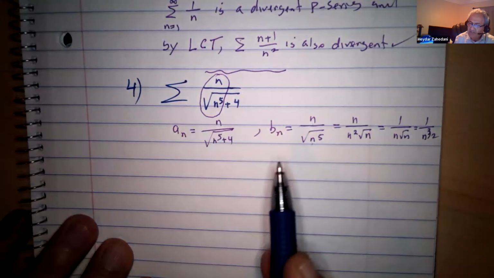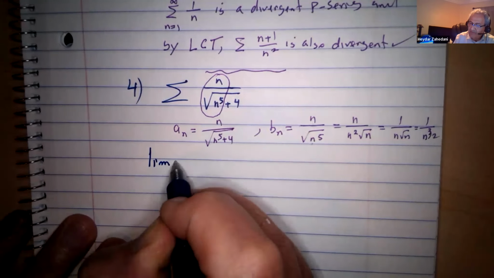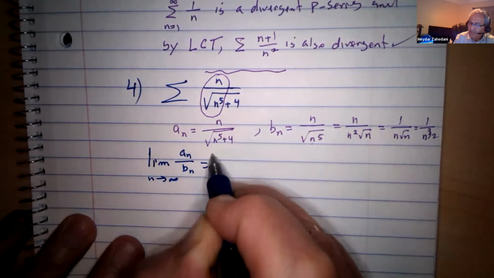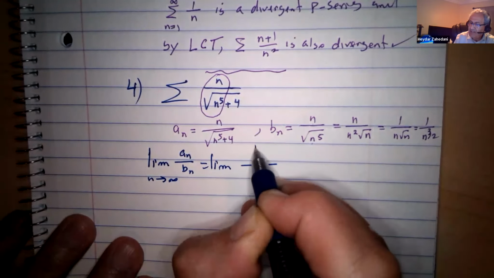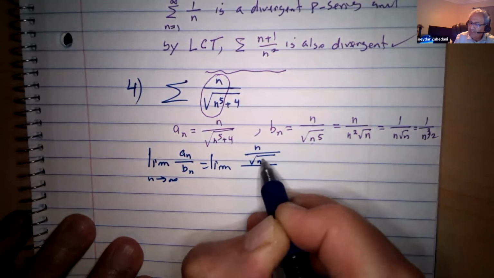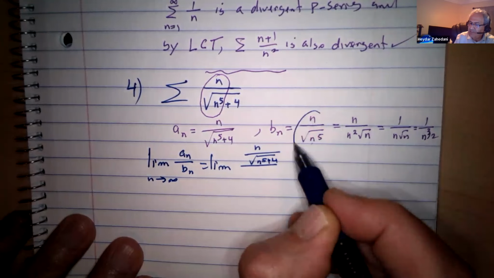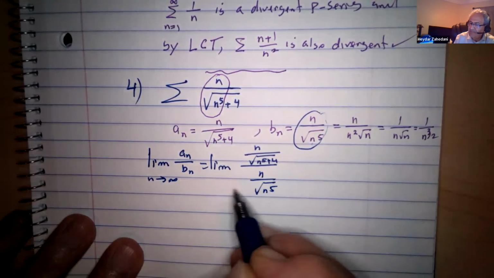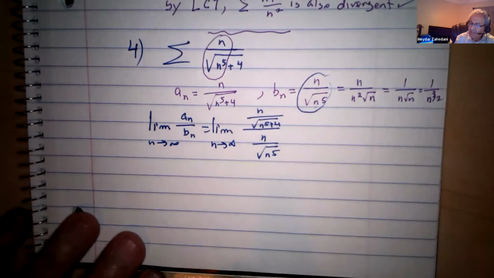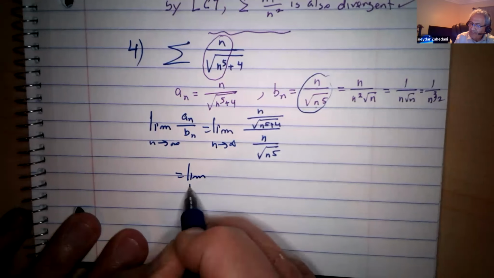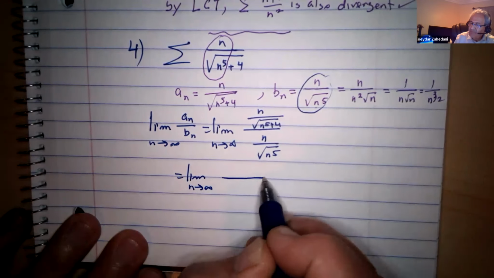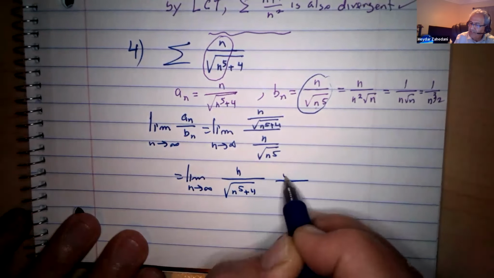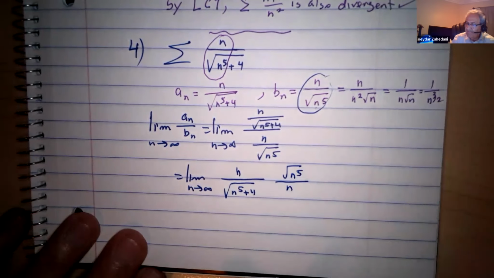When we are out of this section, this is the way we do it. So the limit of an, the details, is going to be equal to what? The limit of an over bn, n square root of n to the 5th plus 4. Write this one because it would be easy to simplify now. N over n to the 5th, n goes to infinity. The top would be n over square root of n to the 5th plus 4, reciprocal, radical n to the 5th over n.